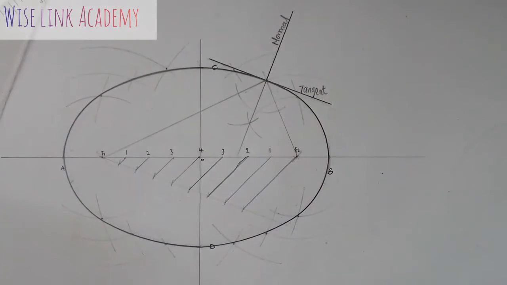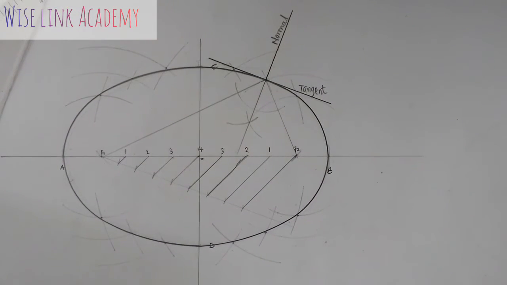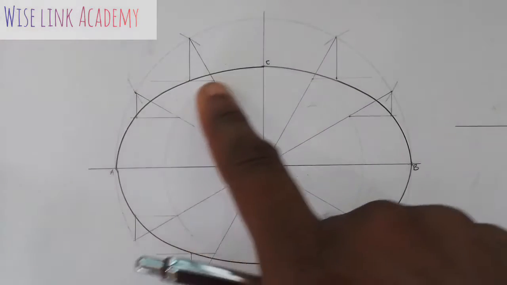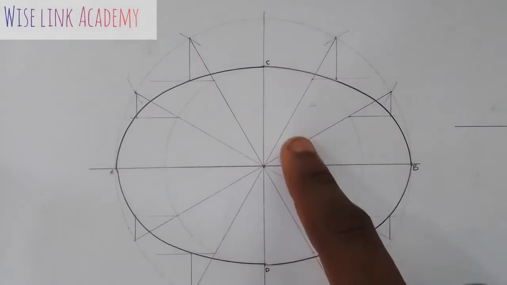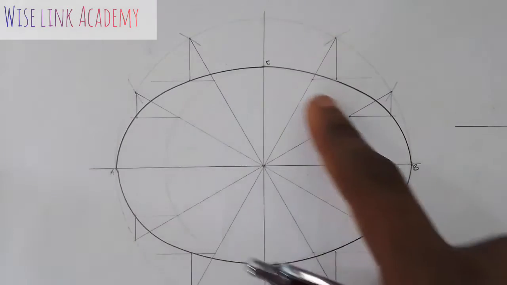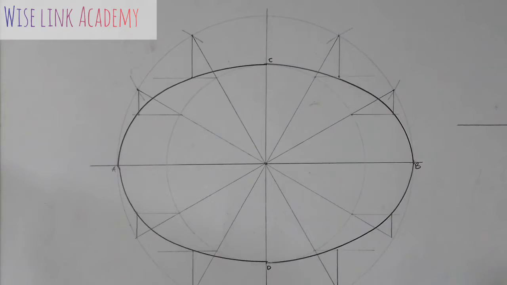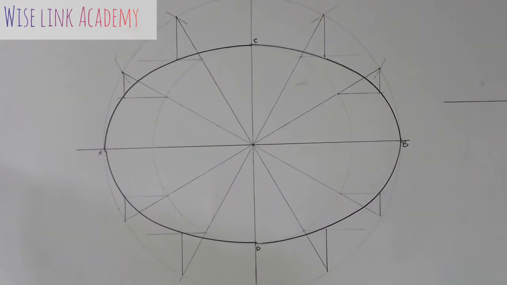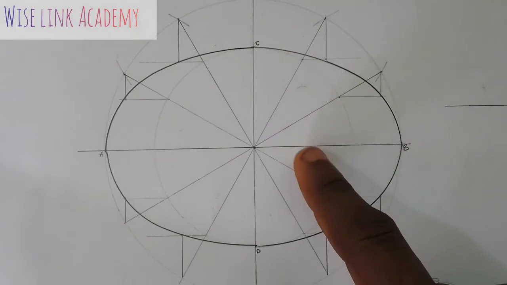So let's consider another ellipse. This is another ellipse which we use what we call the auxiliary method, also called the concentric method, to draw. What if we have drawn this? Our lecturer told us that we should draw a tangent and normal to this auxiliary ellipse, right?